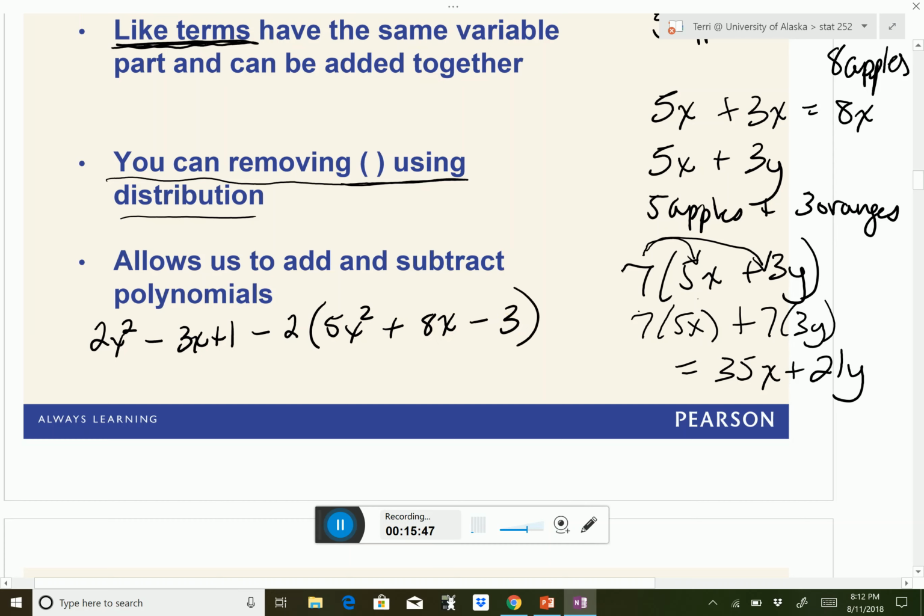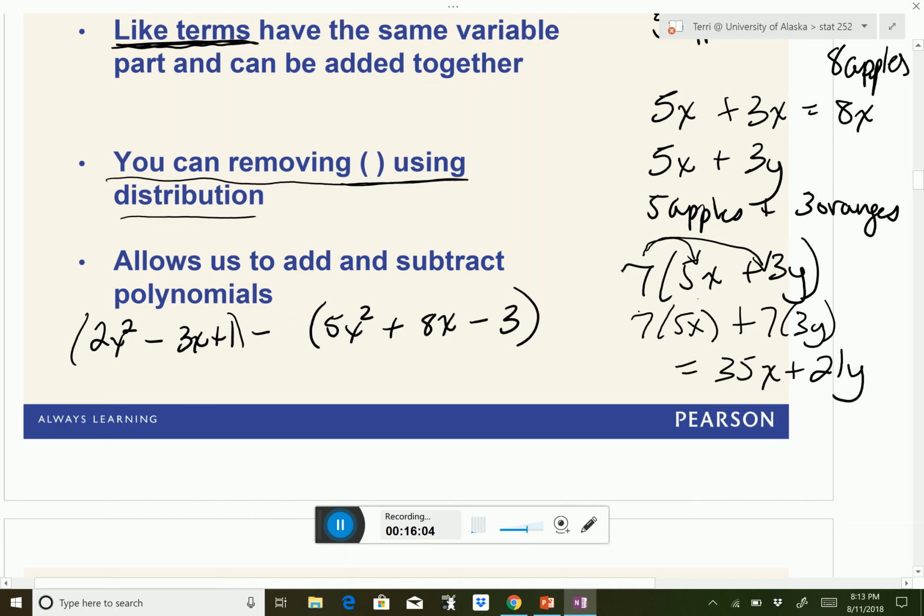That's what I want to do. Let's think about what we're doing here. Actually, let's just say we're subtracting these two polynomials from each other.